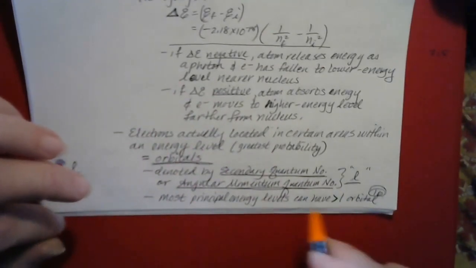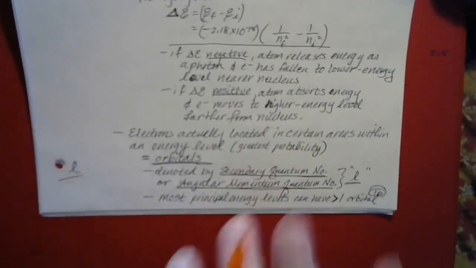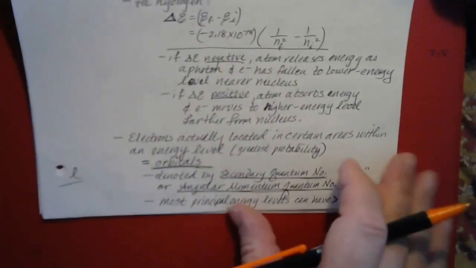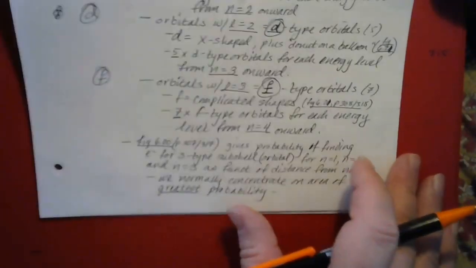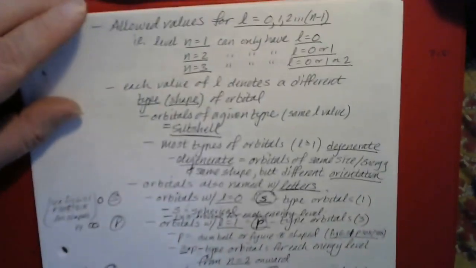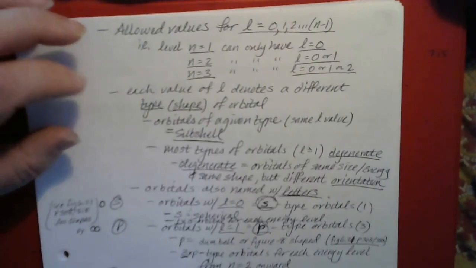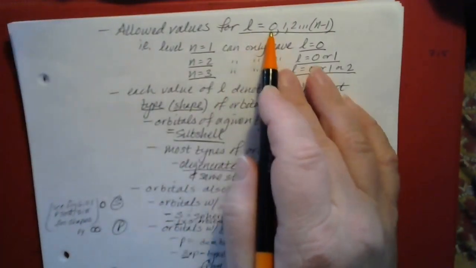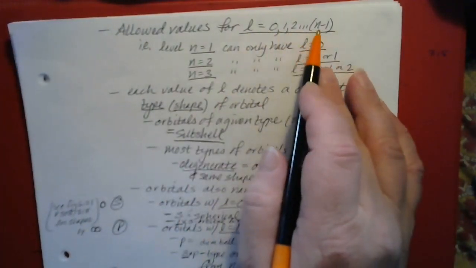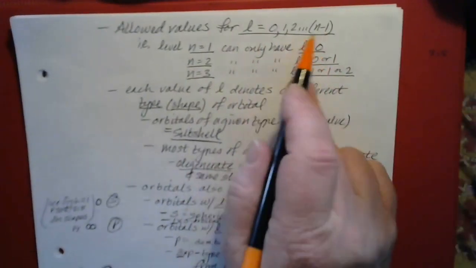Most principal energy levels can have more than one type of orbital, more than one shape of an area of probability for where you're likely to find electrons. So the allowed values for l would be 0, 1, 2, anything up to n minus 1. So the maximum possible value for l would be n minus 1.